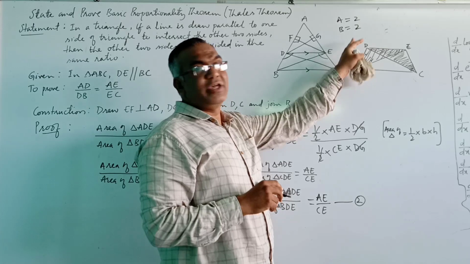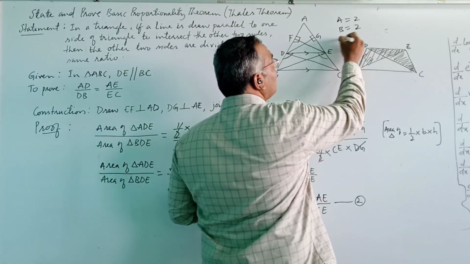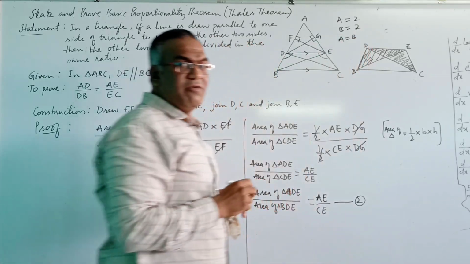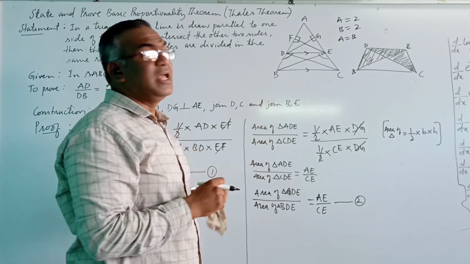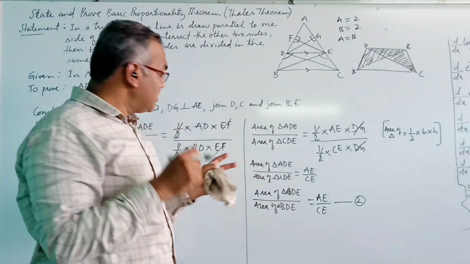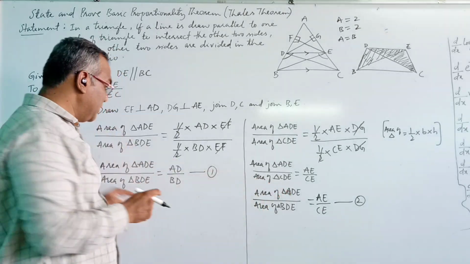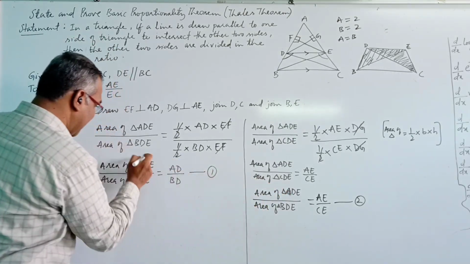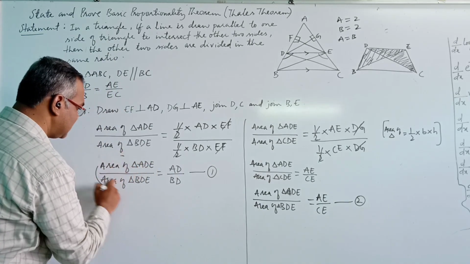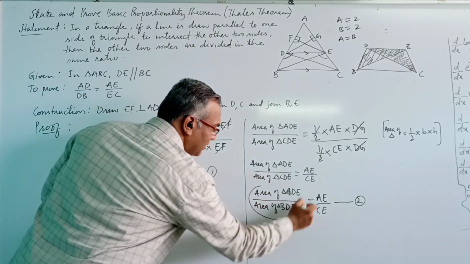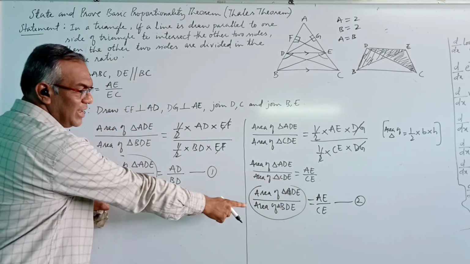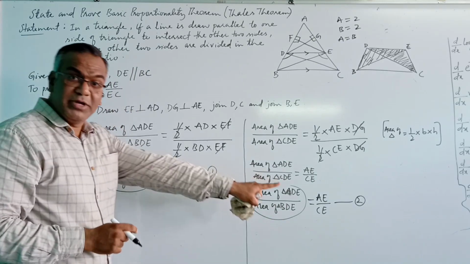So can we say A is equal to B? Yes. When RHS are equal, LHS will be equal. In the same way, when LHS are equal, RHS will also be equal. So in these two equations, LHS are equal, so RHS can be equated.